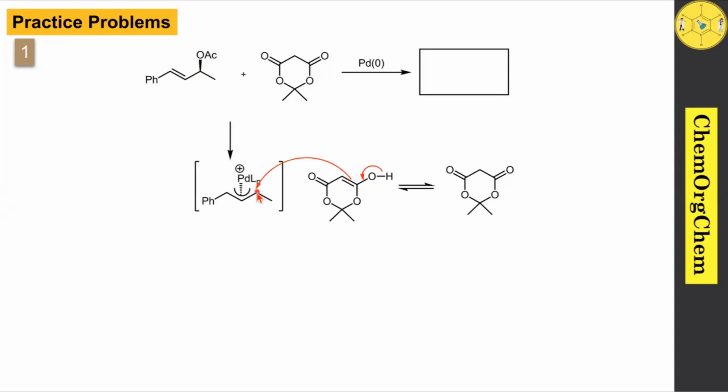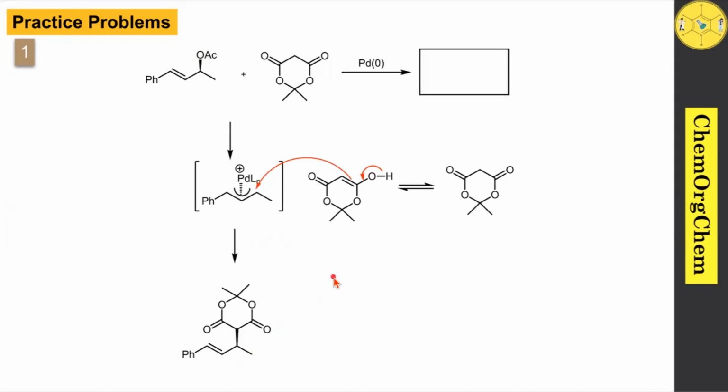Why this carbon? Because it is less sterically hindered when compared to this carbon. Therefore this attack mainly takes place at this carbon, and especially the attack takes place from the top face, since the bottom face has the palladium species, which produces the corresponding product.